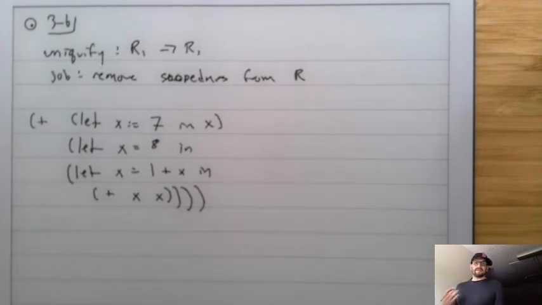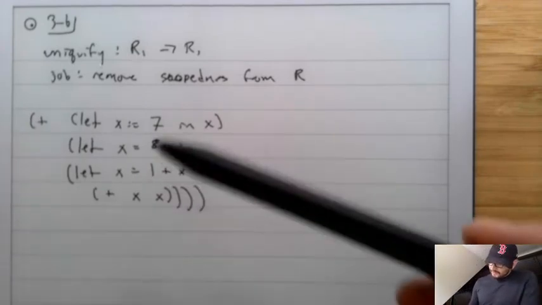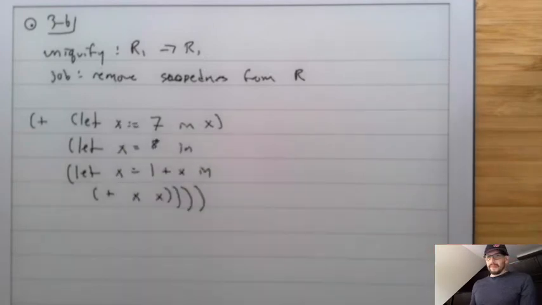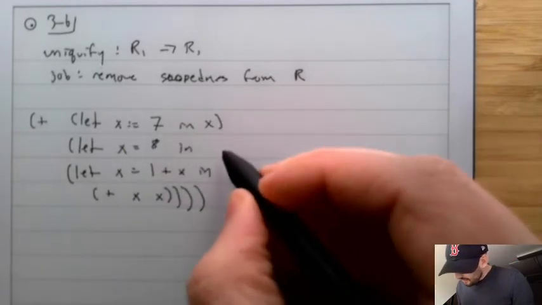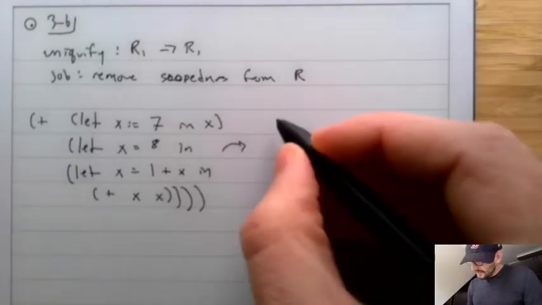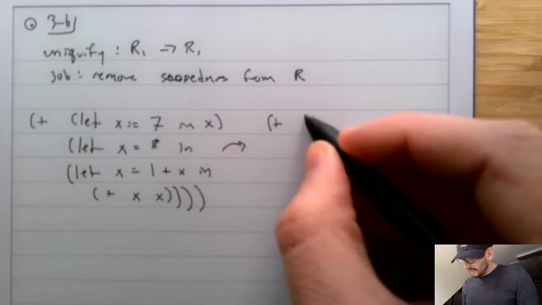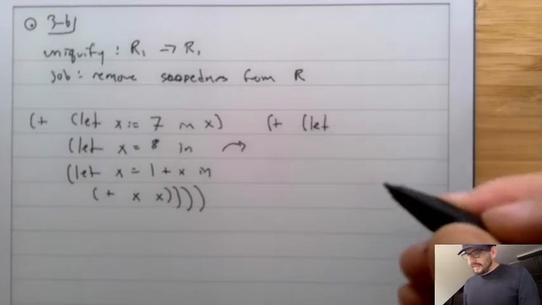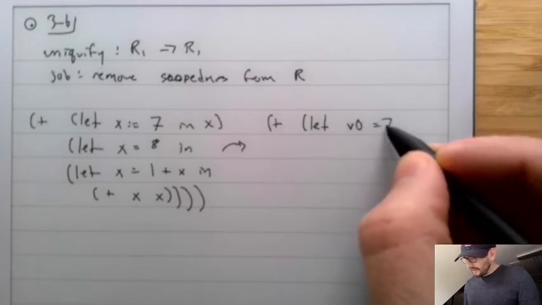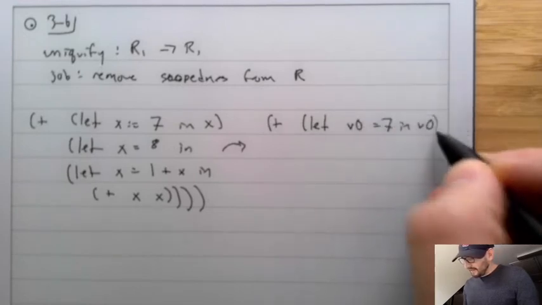So this right here is a valid program, and notice that it defines 3 different x's. This one, and this one. So after the uniquify step, we're going to turn this into the following program. It's going to be turned into plus of let variable 0 equals 7 in variable 0.